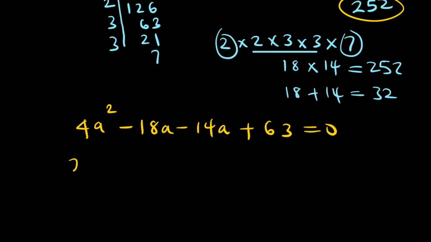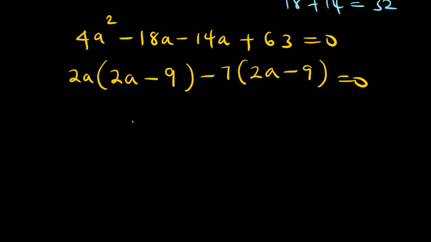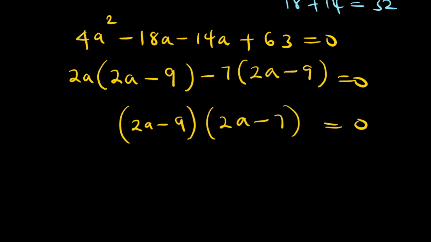Let us factorize. 2A into 2A minus 9, then minus 7 is common here, and I'm left with 2A minus 9 is equal to 0, meaning that 2A minus 9, then 2A minus 7 is equal to 0.